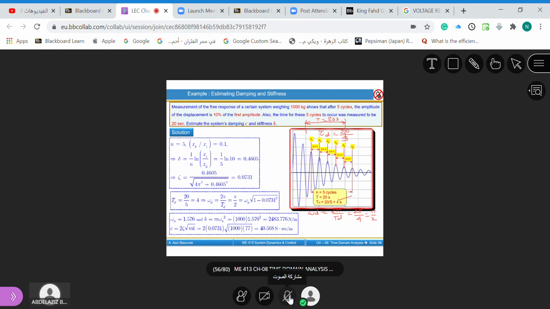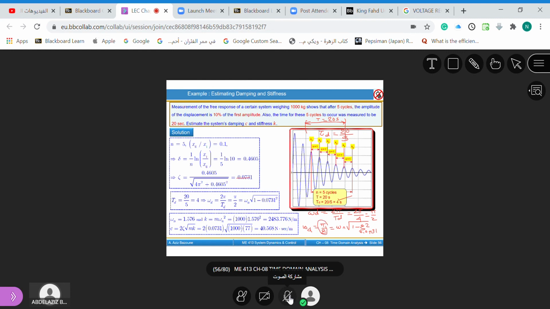On the other hand, guys, this omega d, which is pi over 2, is equal to omega n times the square root of 1 minus zeta square. Zeta is known, zeta is 0.0731. Omega n is not known. Pi over 2 is known.